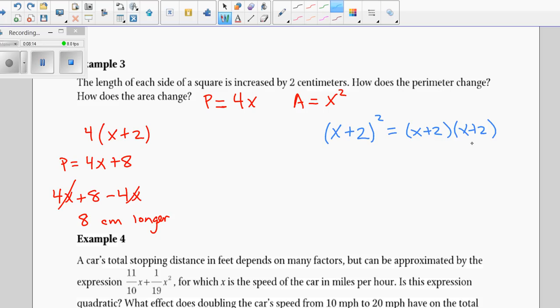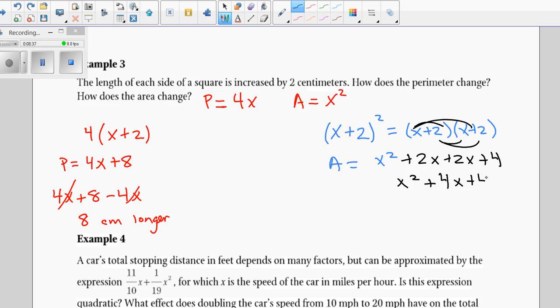This is length times width. They're the same thing. So I find out that my area, if I multiply these out, is x squared plus 2x plus 2x and plus 4. Simplify, I get x squared plus 4x plus 4.